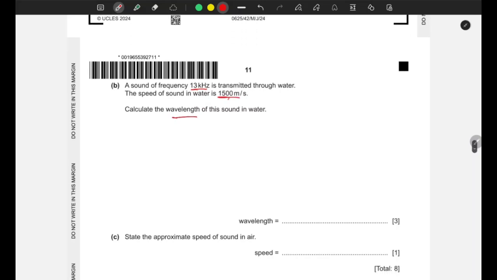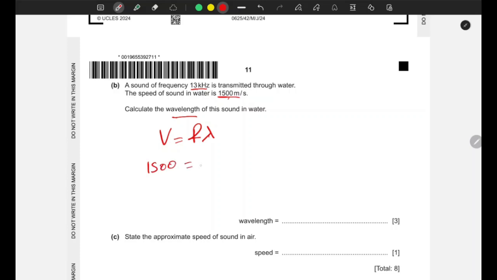Part B. A sound of frequency 13 kilohertz is transmitted through water. The speed of sound in water is 1500. Calculate the wavelength of sound in water. Alright. So we know that speed is frequency times wavelength. So the speed is 1500.